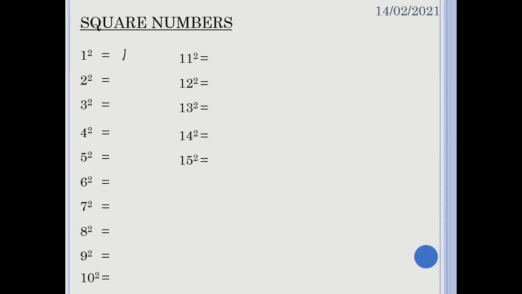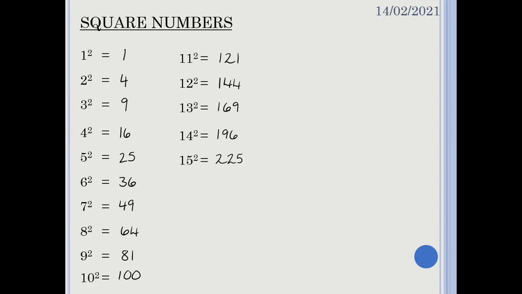So we've got 1 squared is 1, 2 squared is 4, 3 squared is 9, 4 squared 16, 5 squared 25, 6 squared 36, 7 squared 49, 8 squared 64, 9 squared 81, 10 squared 100, 11 squared 121, 12 squared 144, 13 squared 169, 14 squared 196, and 15 squared 225.